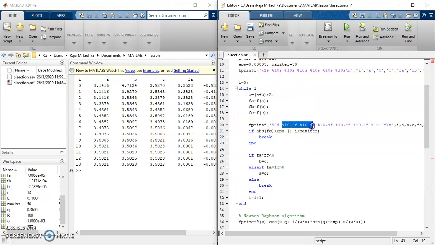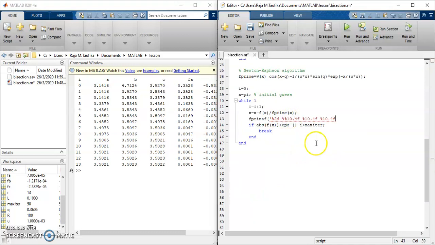So this is for i, this is for beta, this is for f(beta), this is for f prime(beta). So backslash n, and then comma, so we have this quantity i, x, f(x), and then f prime(x).